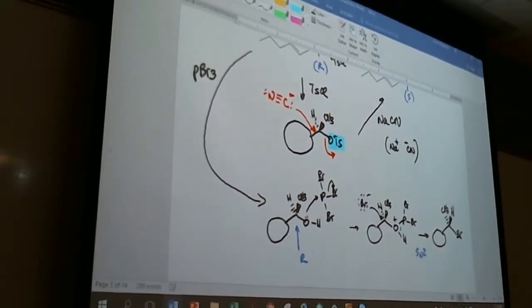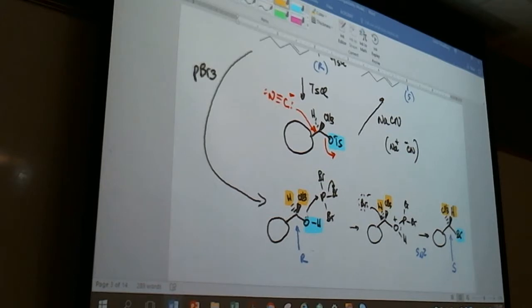So I've gone from an R to an S. The easiest way to show an inversion, rather than trying to redraw this and looking at weird stuff, is if you want an inversion, just flip these two. Replace the OH with the bromine in the same position, but flip these two. And when I flip these two, clearly that is an inversion of configuration.